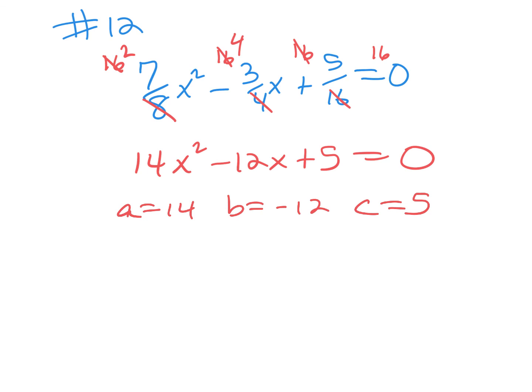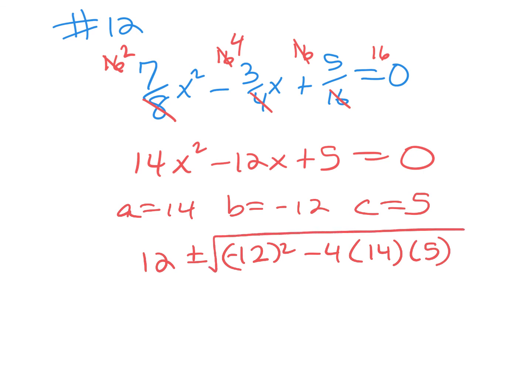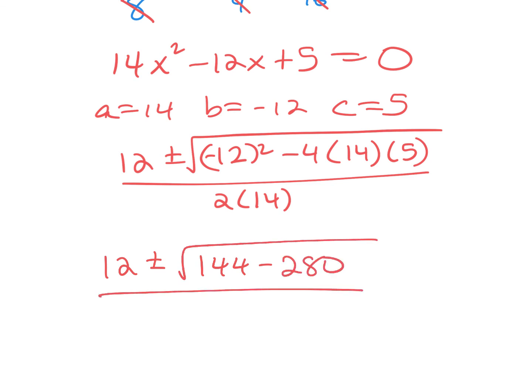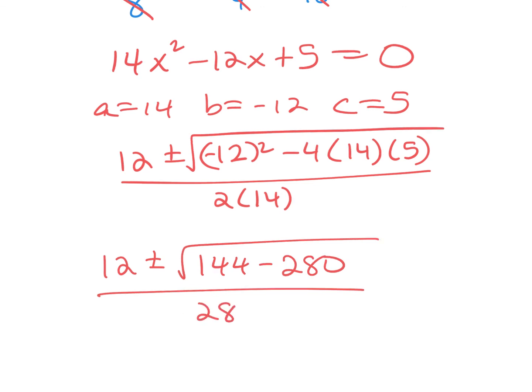So I'm going to get opposite of b, so 12 plus or minus the square root of negative 12 squared minus 4 times a times c, all under the radical, and then 2 times a, which is 14. 12 plus or minus the square root of 144, and then 20 times 14 is going to give me 280, and then 2 times 14 gives me 28.